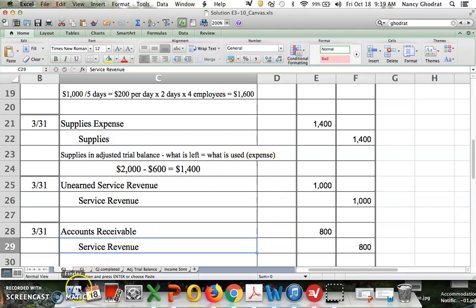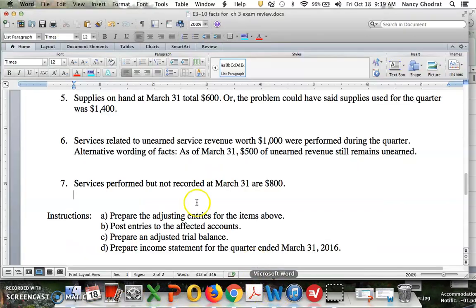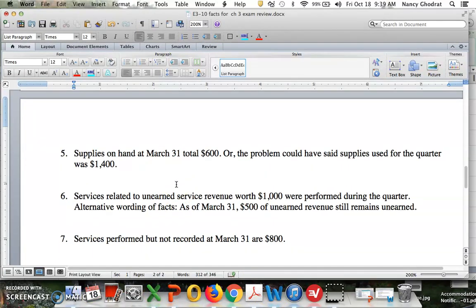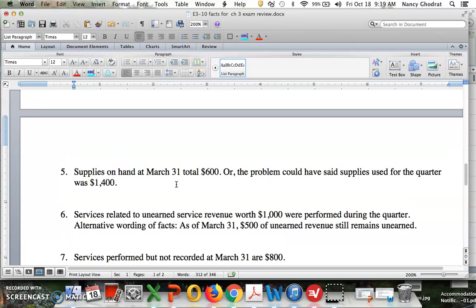Before I show you the posting, I also wanted to show you that the two adjusting entries we did for supplies and unearned service revenue, the facts can be given to you in two ways.